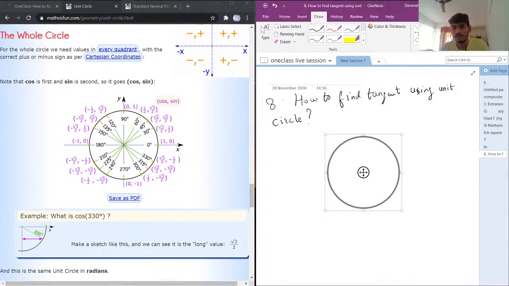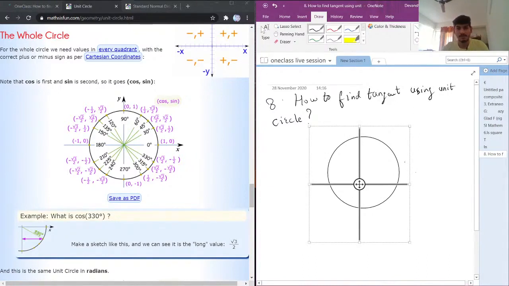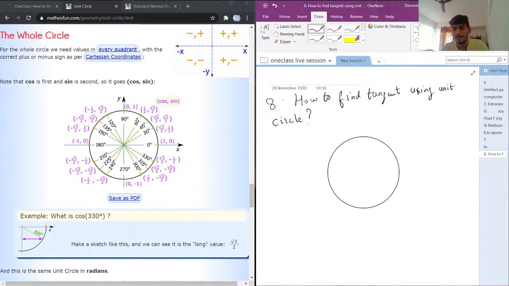Let's try with this one. Nope. Okay, just use a simple one. It is very difficult to operate with a circle.